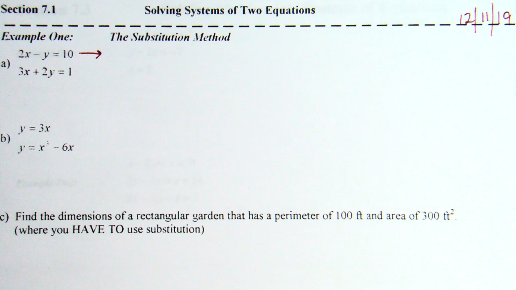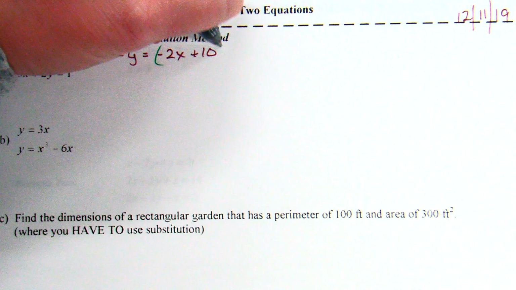Then divide everything by negative 1, or multiply everything by negative 1, would change the signs, correct? Both sides. So then we end up with the equation y equals positive 2x minus 10.